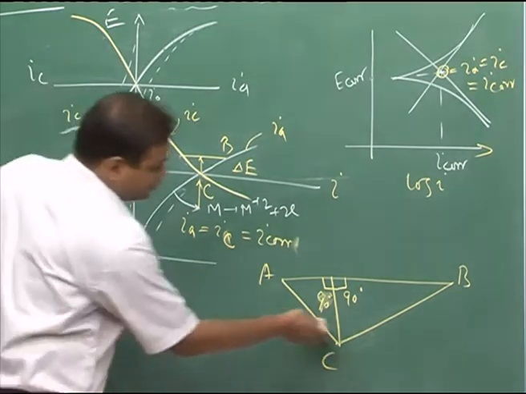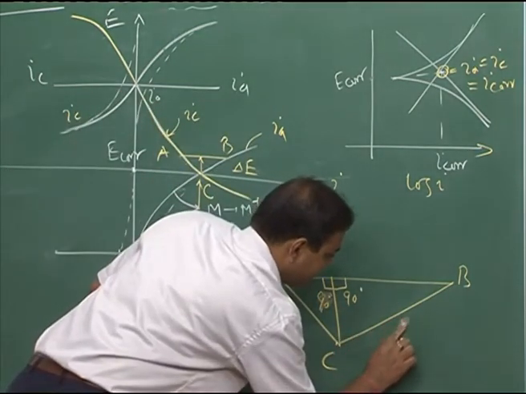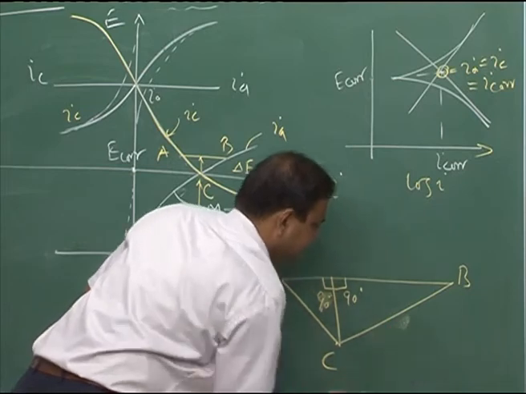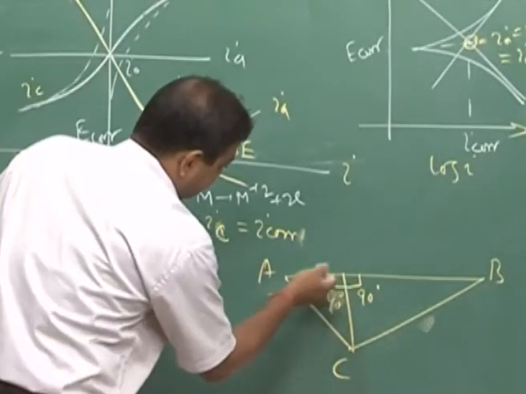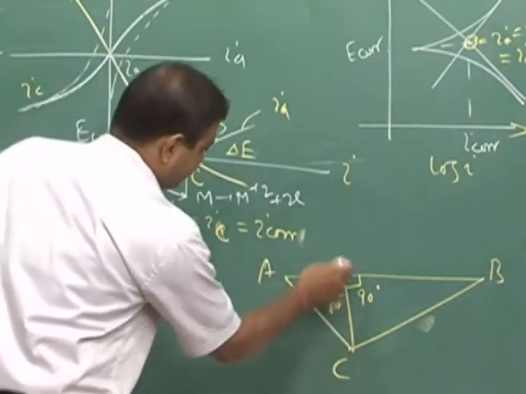Now, we have two lines, let us say this slope is S. So, we see that two triangles are forming, and these are 90 degrees after drawing the normal.